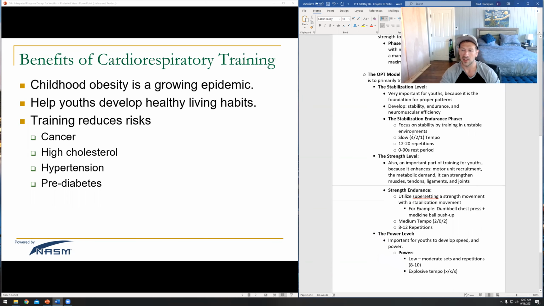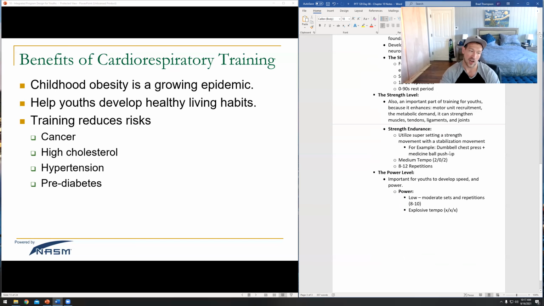So we are going to superset strength movements with stabilization movements, like dumbbell chest press plus medicine ball push-up, or barbell split squat with Bulgarian split squat. Medium tempo for your strength movements, slow tempo for your stabilization movement, anywhere from 8 to 12 repetitions. That way it's still somewhat high reps.